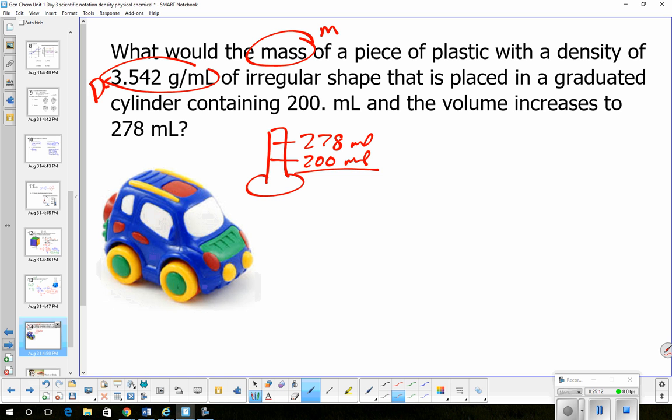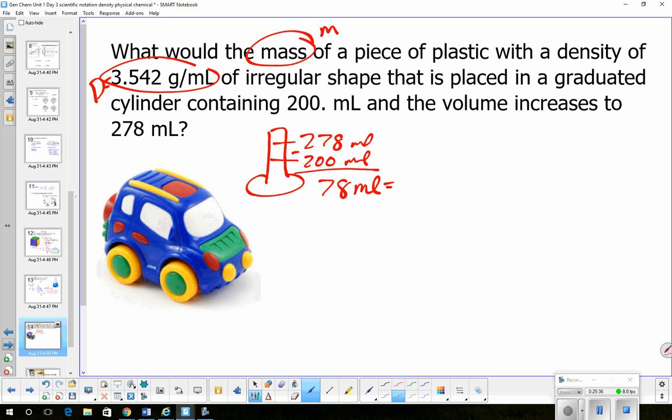So the difference is what? How much did it go up when I put that in? 78. And what is that equal to for me? Density, mass, or volume?